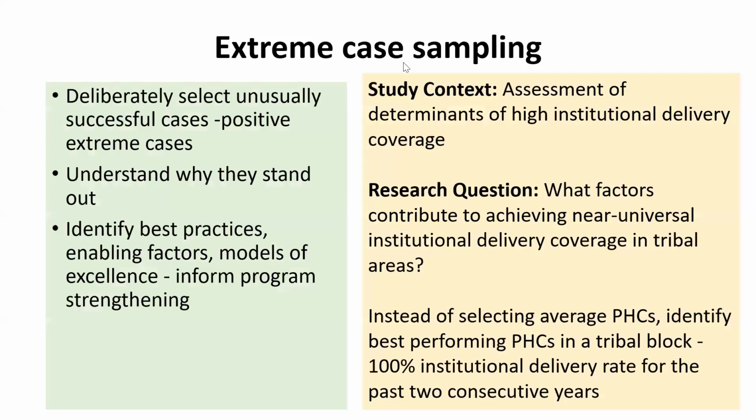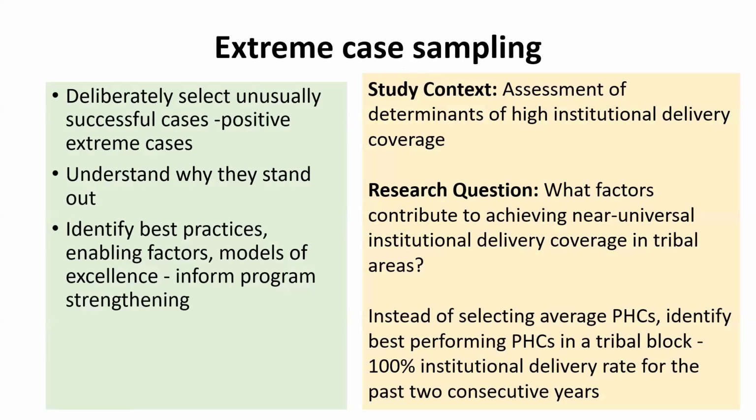Thank you. So, what are the different types of purposive sampling? We have extreme case sampling. Extreme case sampling is where you deliberately select the positive extreme cases, that is, those who are unusually successful or who stand out on the positive side of the distribution.